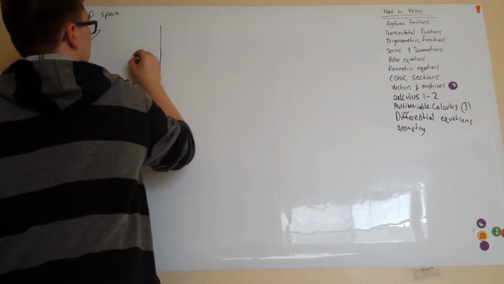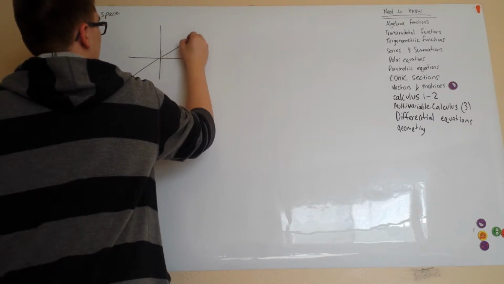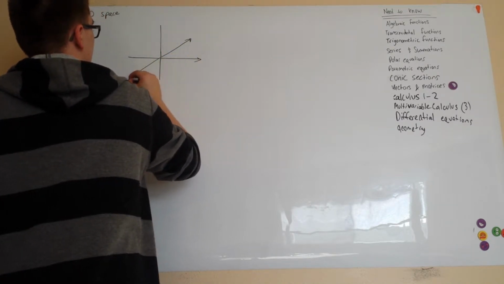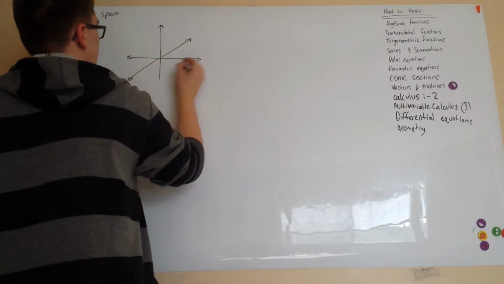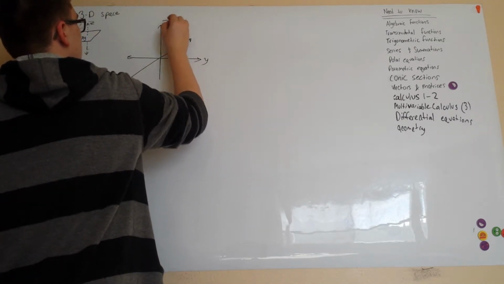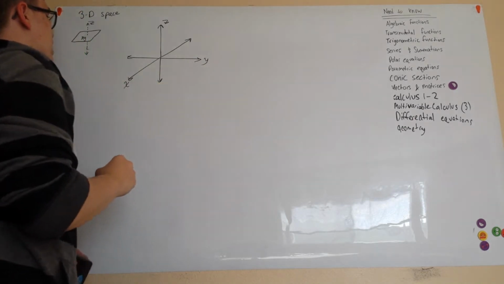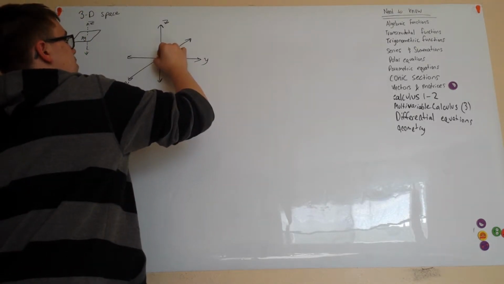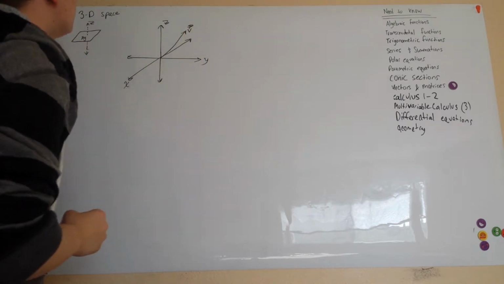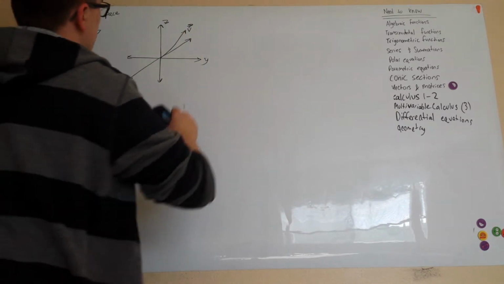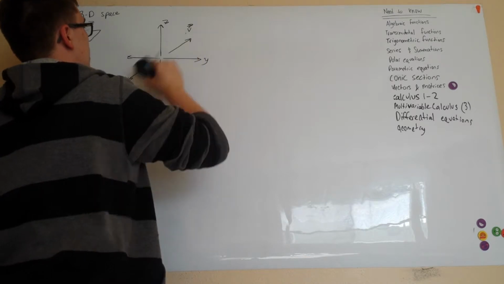Three-dimensional vector. So if we have an x, y, z, 3D space, right? And I give you a vector. This vector is not straight, that's all I can tell.